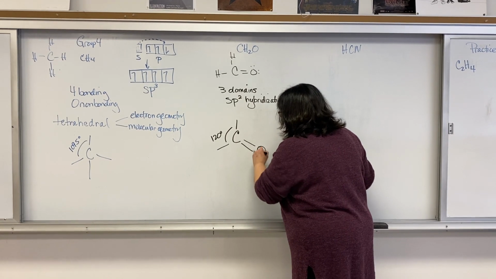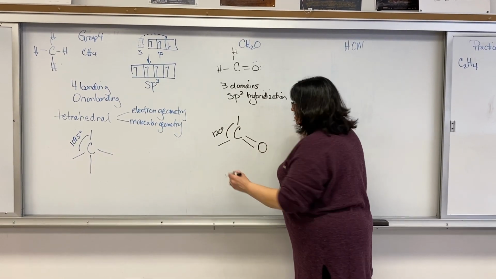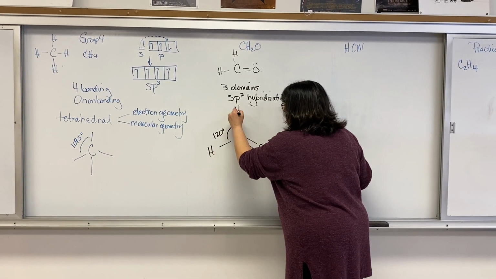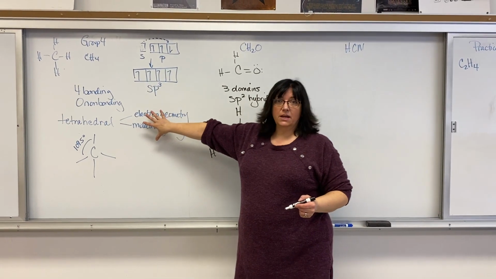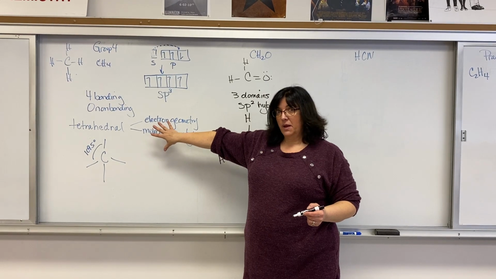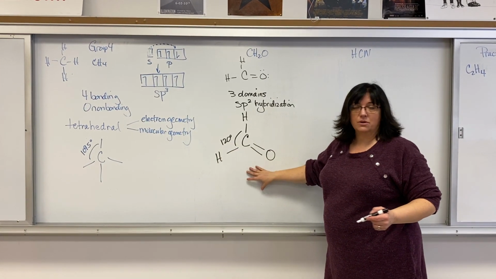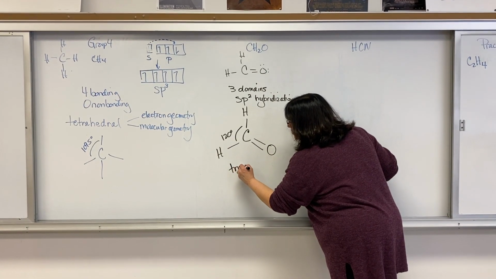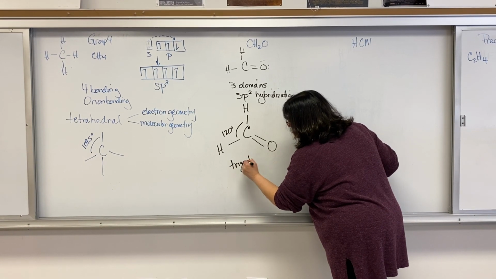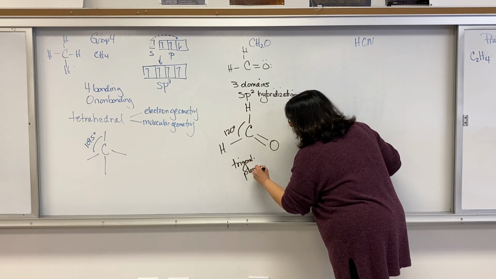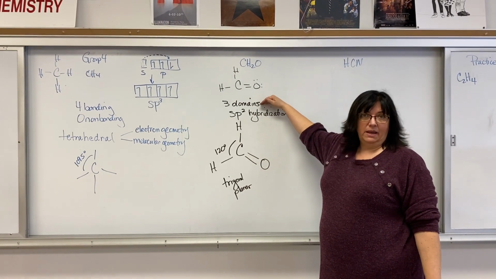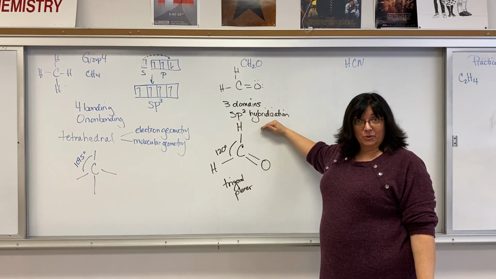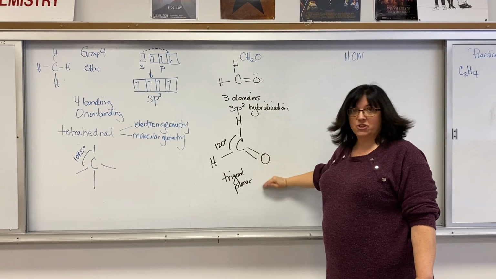One of those bonds is going to be the double bond to oxygen. One is to hydrogen, the other is to hydrogen. So what's this shape? It is not tetrahedral. There are not 4 domains. There are only 3 domains. So this winds up being trigonal planar. Okay, I lost a domain, I lost a hybrid orbital, I changed the shape.